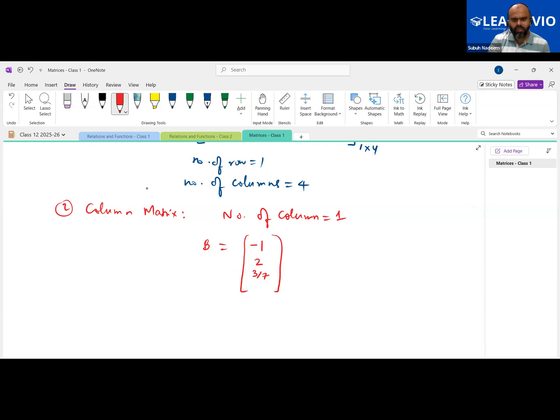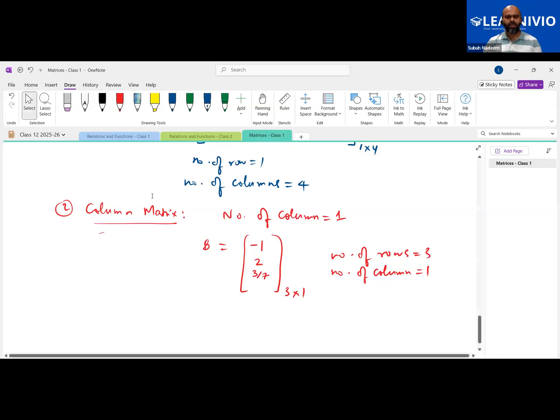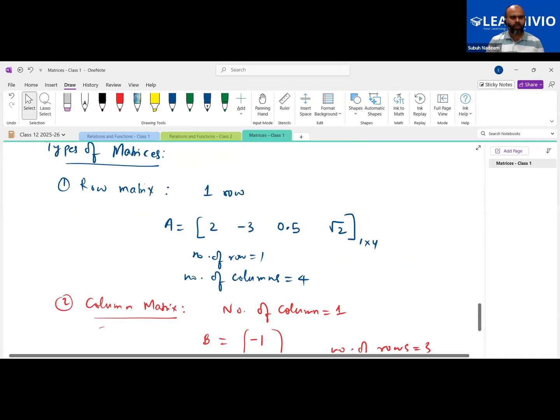Let us take it like this. So this is 3 cross 1. The number of rows, if you see here, is 3, and the number of columns is 1. So this is the column matrix, and that was the row matrix.